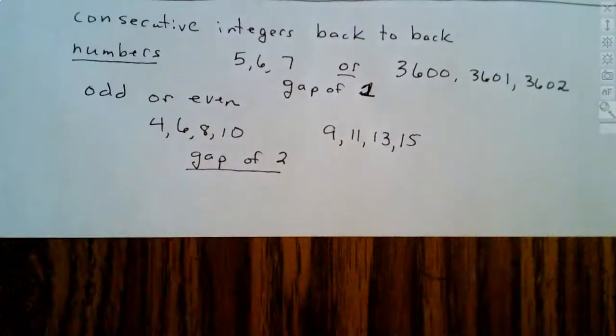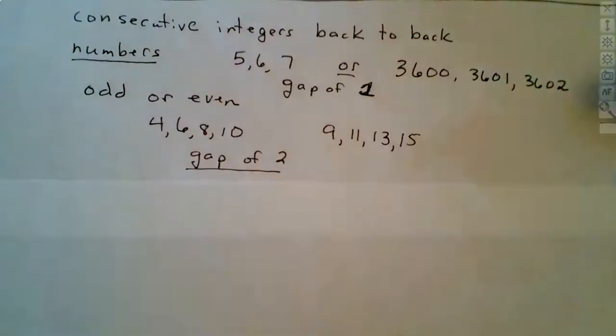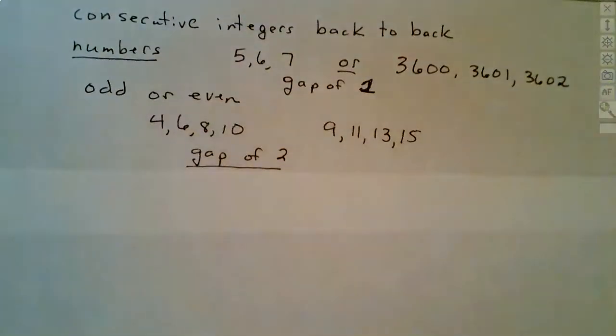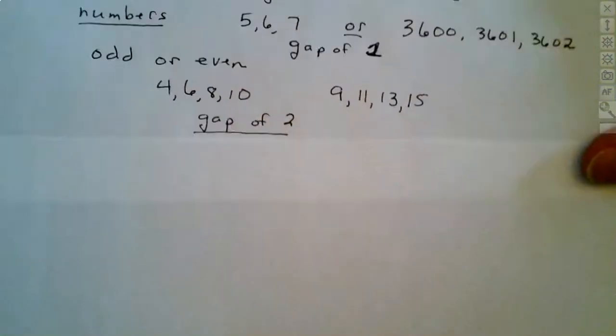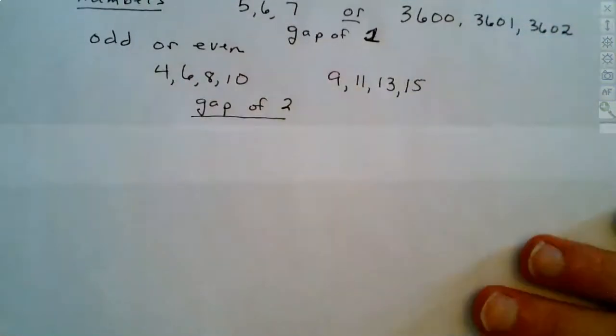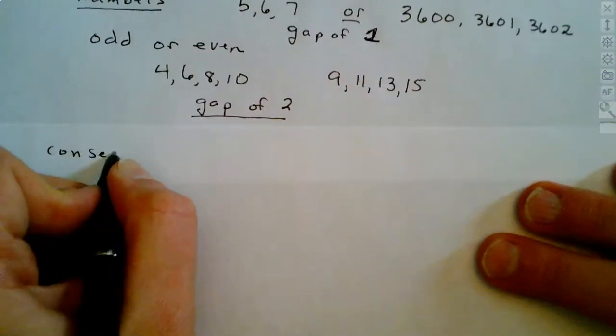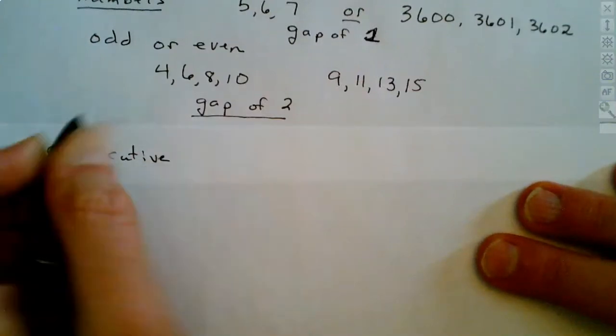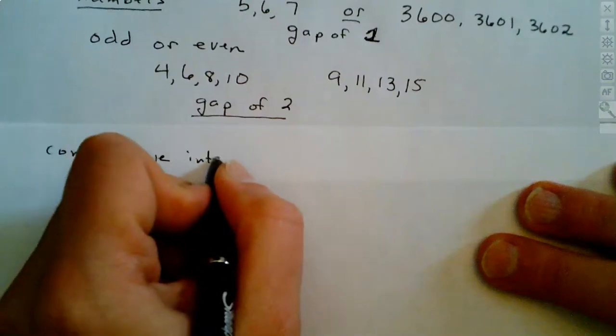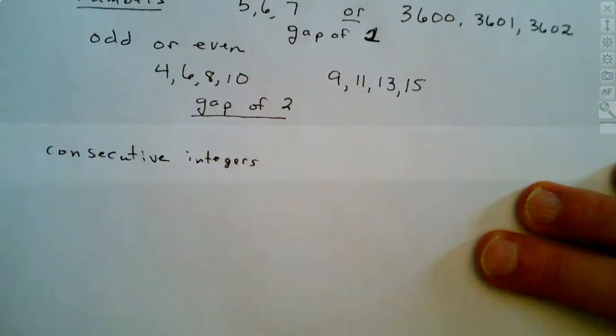When we talk about consecutive integers, we need to see how we would label them in an equation. And normally we use 3, maybe 4 consecutive integers at the most. So consecutive integers, again, these are back-to-back numbers.